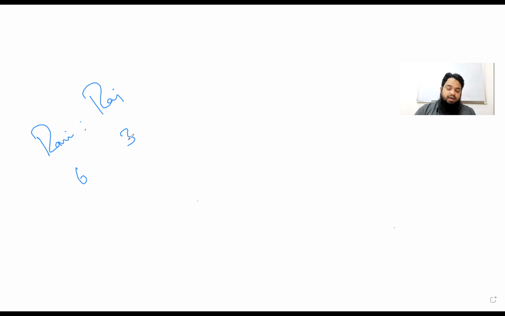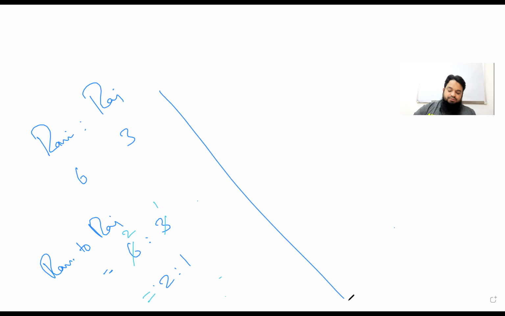If I want to write the ratio of Ravi and Raj, how will I write? Ravi to Raj equals 6 is to 3. Since I know there is a common factor, 3 ones are 3, 3 twos are 6, so this can be written as 2 is to 1. Is it right? This is a situation.